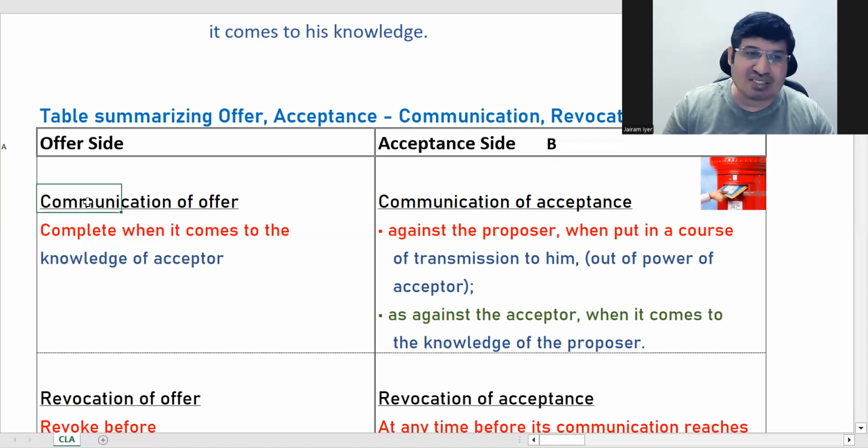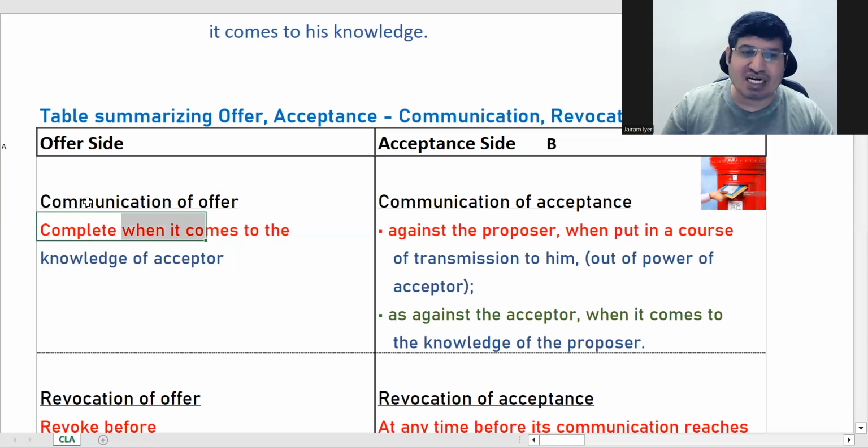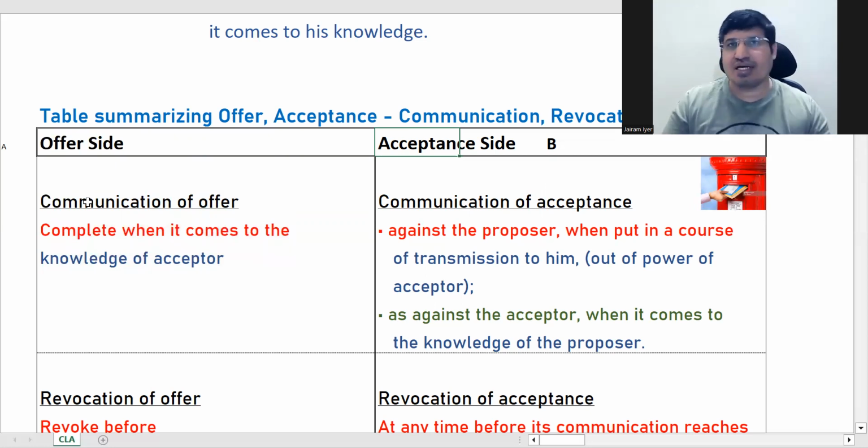But here there is no acceptor when he is making the offer. So for offer, communication of offer is complete when it comes to the knowledge of the acceptor. What you have to see is that he has communicated and the other has understood it, or has read it, or has listened to it, whether it is oral or written.